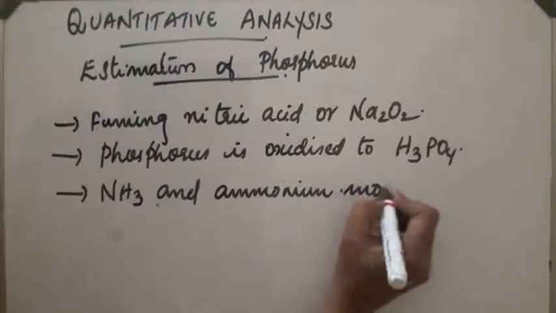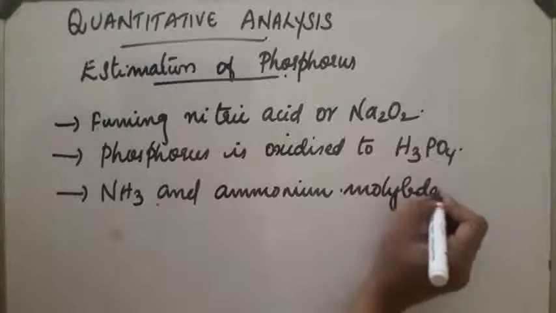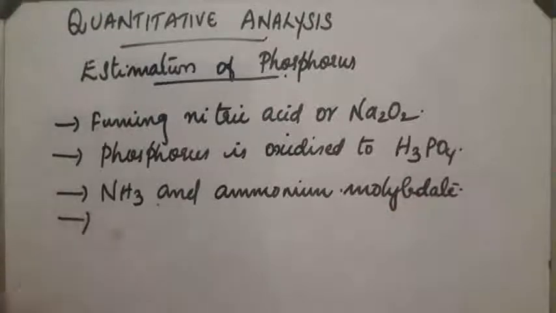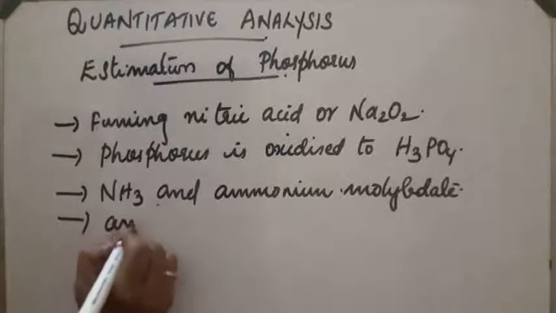So phosphorus gets precipitated as ammonium phosphomolybdate.